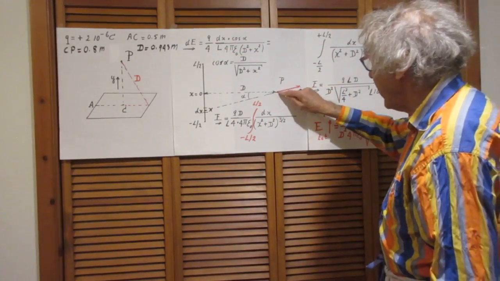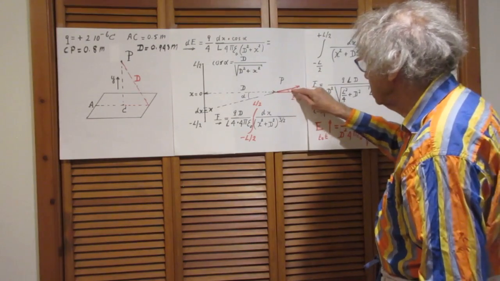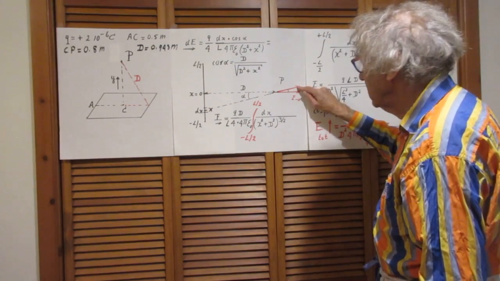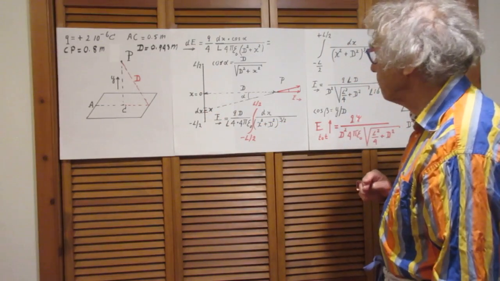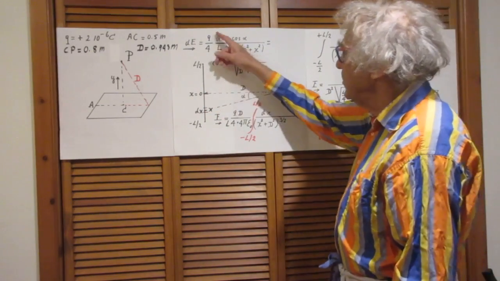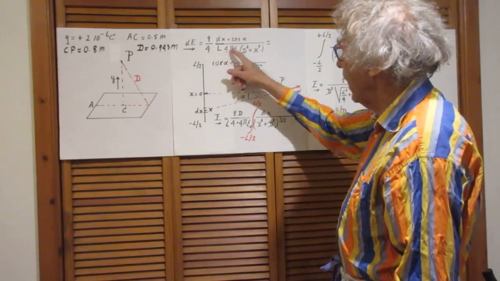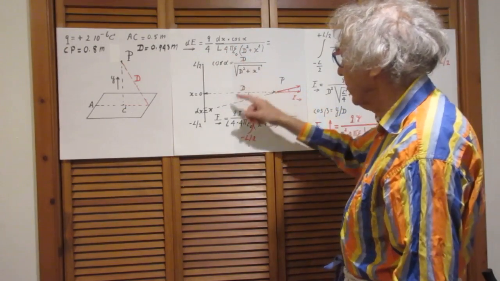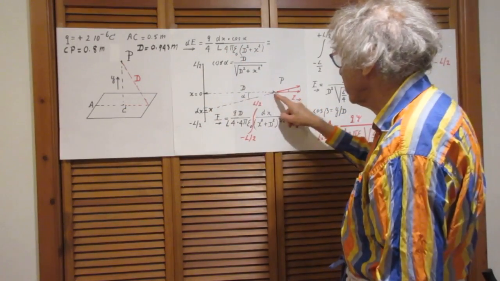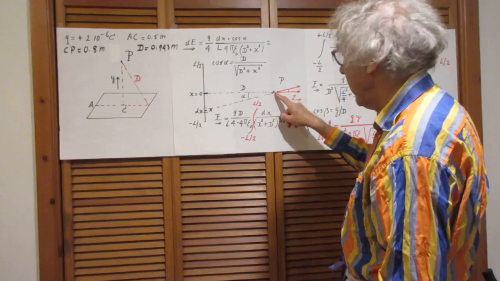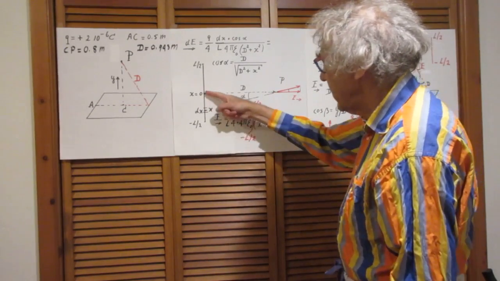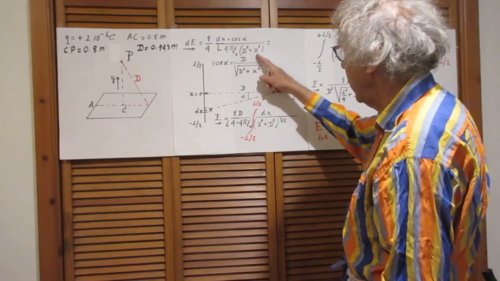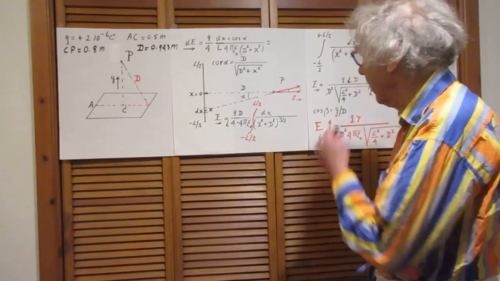And so this vector that you see here, due to this little charge here, is Q divided by 4 divided by L, the famous 4 pi epsilon 0, times this distance squared. And this distance squared is x squared plus d squared.